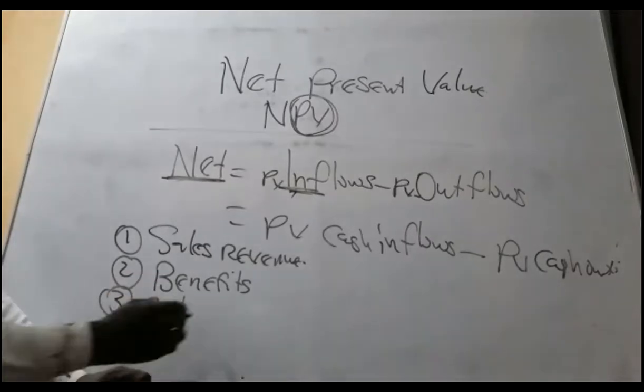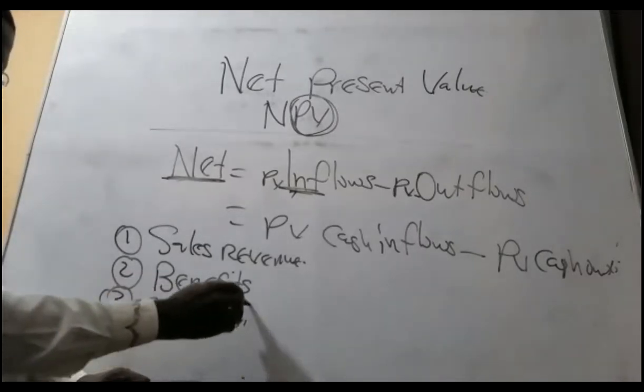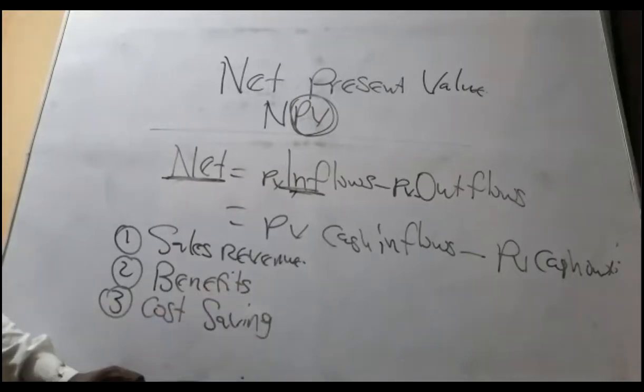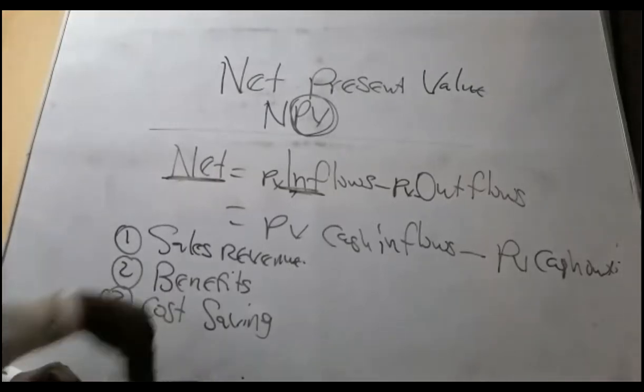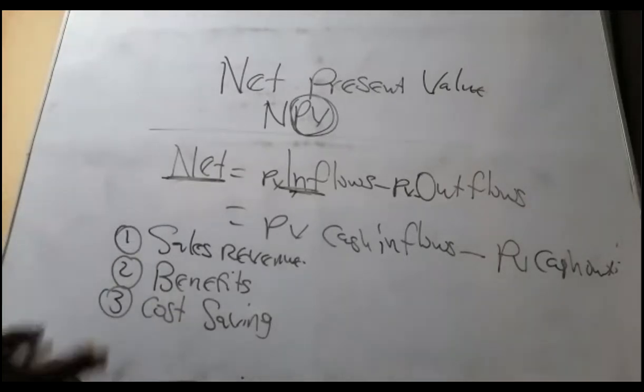If you buy equipment to save you from paying certain costs, like heating cost or cooling cost, then the cost that you save is the benefit. So find the present value of the cost that you saved, then less all your sacrifices.